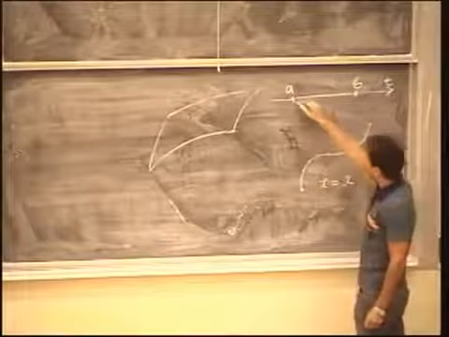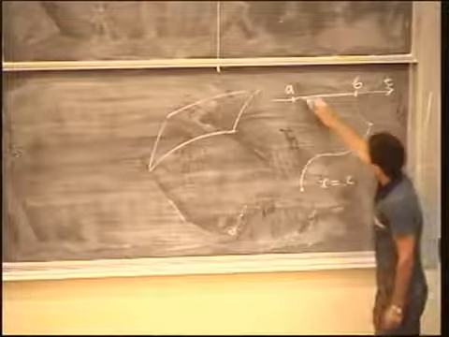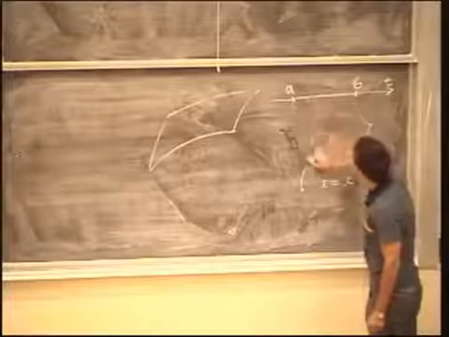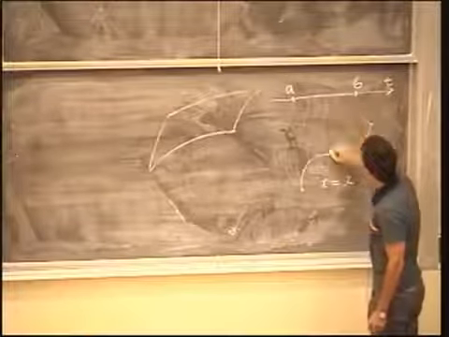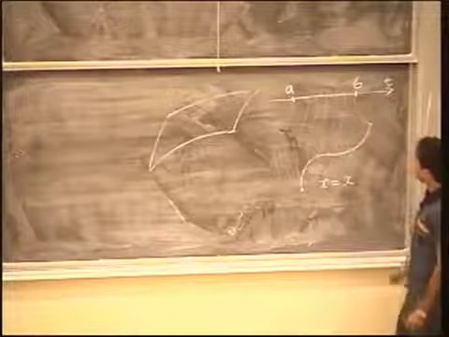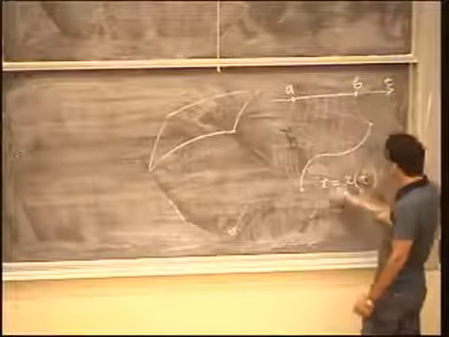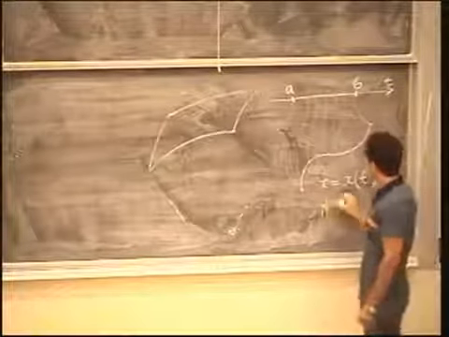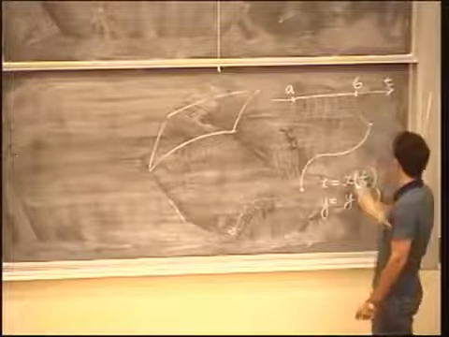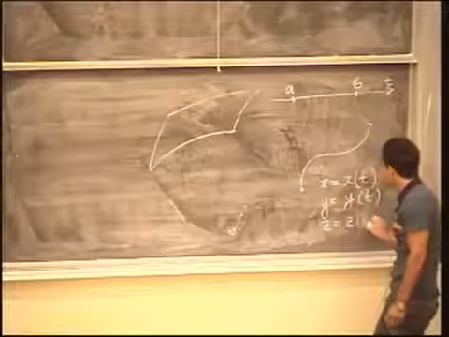We would identify this curve with this interval, right? And algebraically, we would just write that x is a function of t, y is a function of t, and, well, in 2 dimensions that would be enough, but in 3 dimensions we would also have z equals z of t.